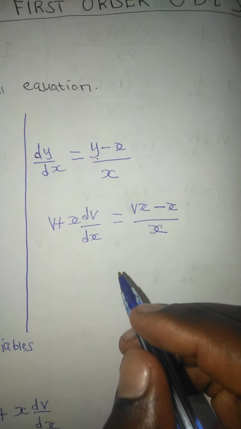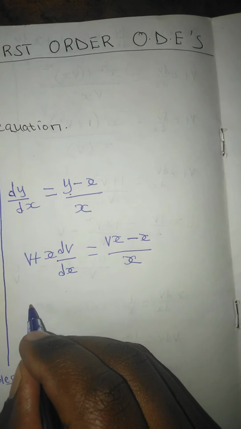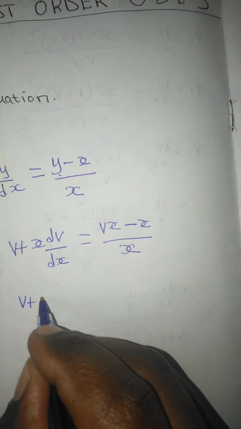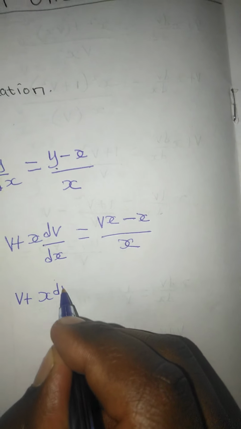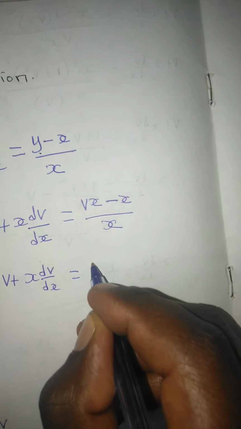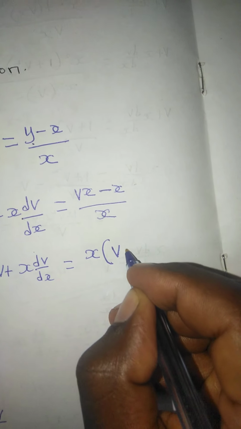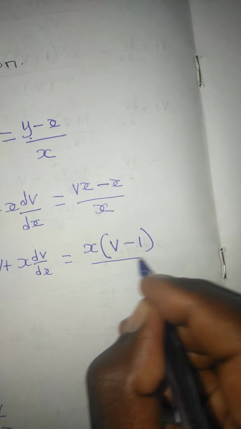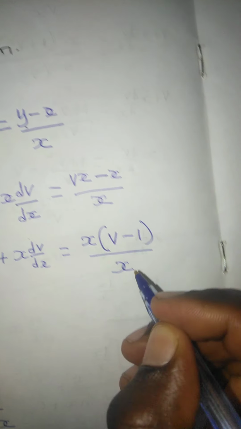So from here, vx minus x all over x, which is x into v minus 1 all over x.